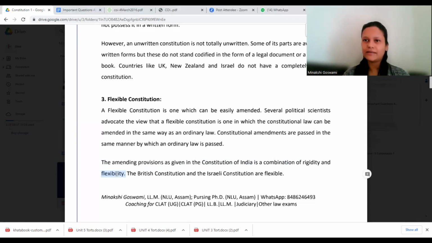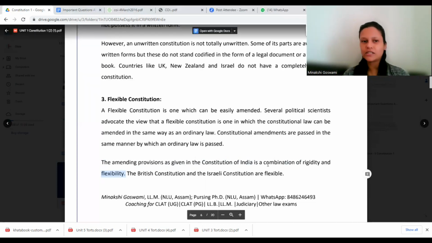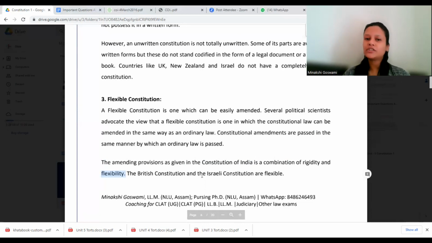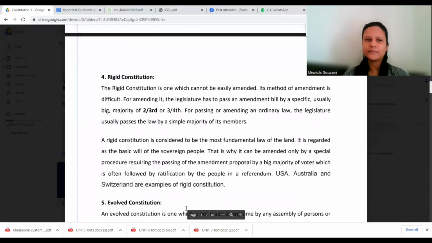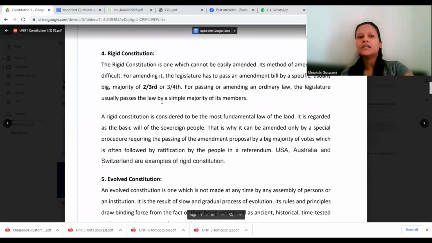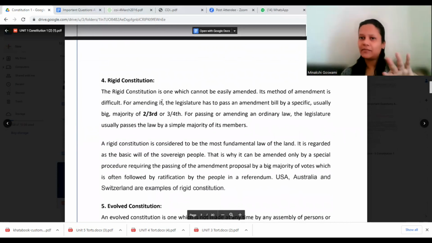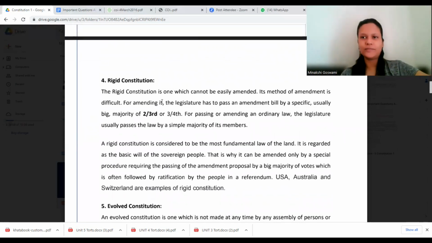So it would depend on what the provision is all about that we are amending. Based on that, we need to select the process. British Constitution and Irish Constitution are flexible constitutions. Easily it can be amended. Flexible as in the same process, just like ordinary laws, will be followed.